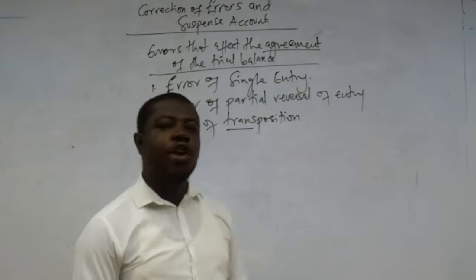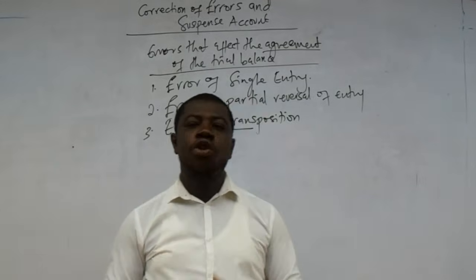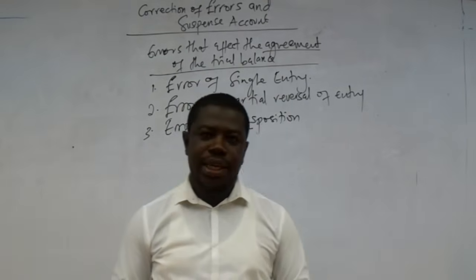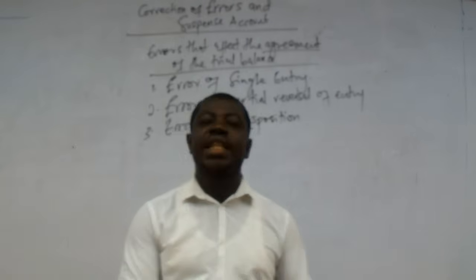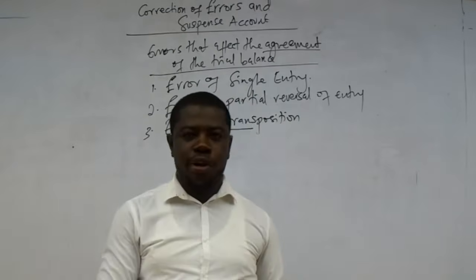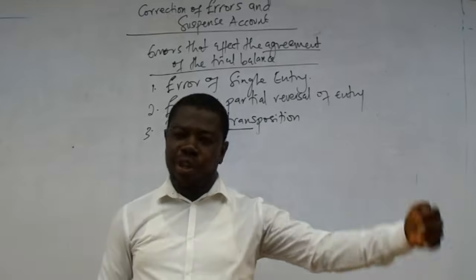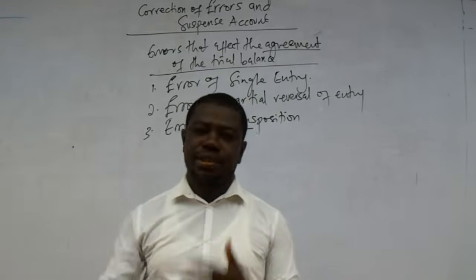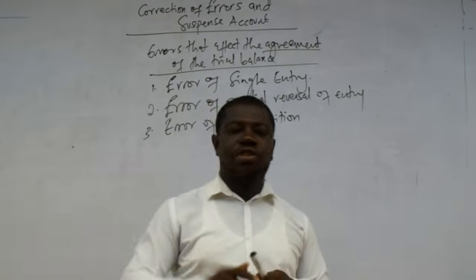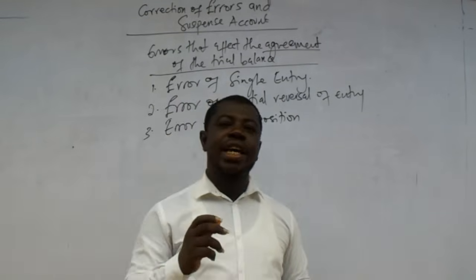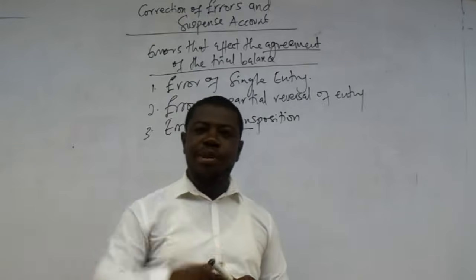So for example, if you pay rent of 96 and you record in your cash book as 96, but in the rent account you make it 69, that is what we call error of transposition. One side was recorded correctly and the other side was reversed. And so that transposition will always lead to either an overstatement or understatement of the figure.